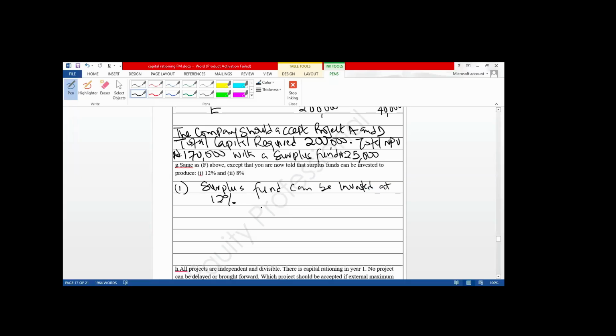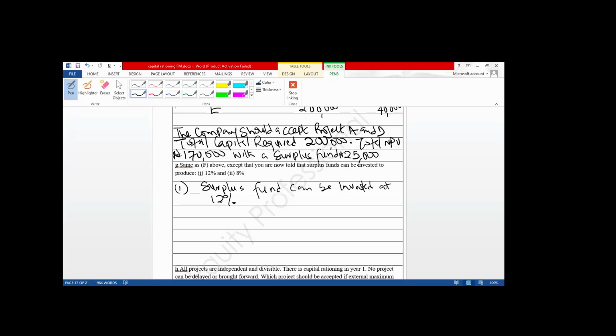So should we invest surplus fund or not? Our surplus fund is 25,000. I can reinvest this money, or I can invest this surplus fund at a return of 12%. So the question is, should I invest this surplus fund or not?